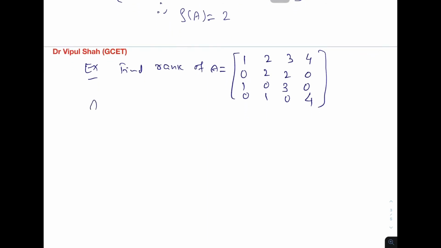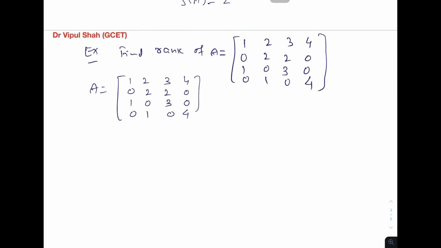Okay, so here A equals 1, 2, 3, 4, 0, 2, 2, 0, 1, 0, 3, 0, 0, 1, 0, 4, and by using this one make all entries below it 0.